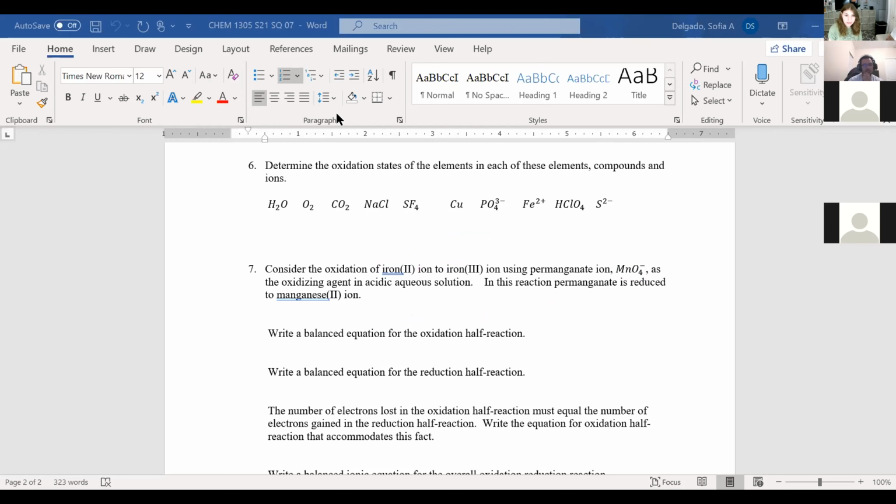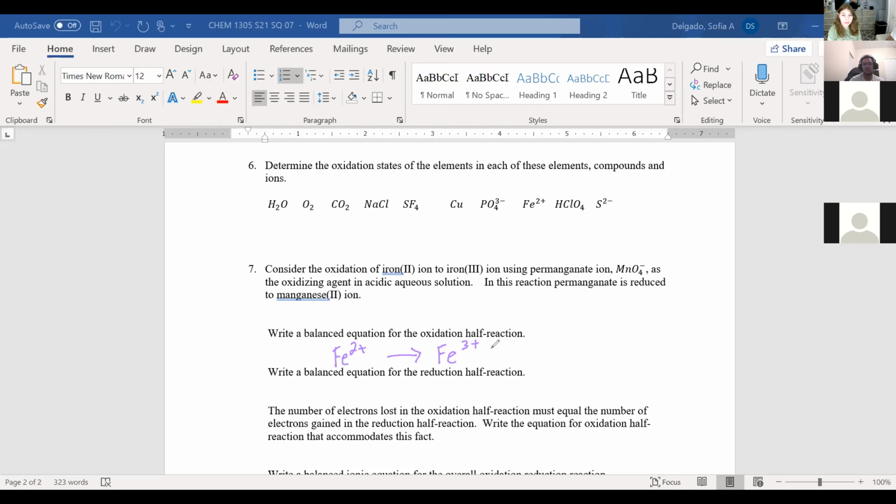Okay, so the first equation that we need is the one for the oxidation half reaction. So that will be iron 2 plus, which turns into iron 3 plus. So we want to balance the charges.